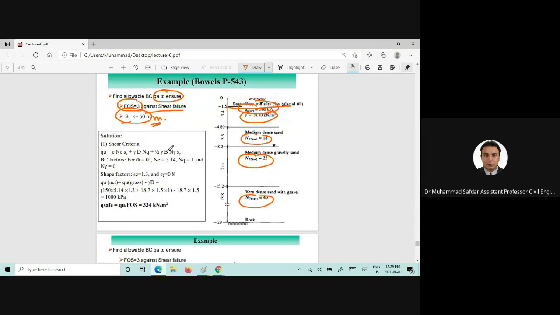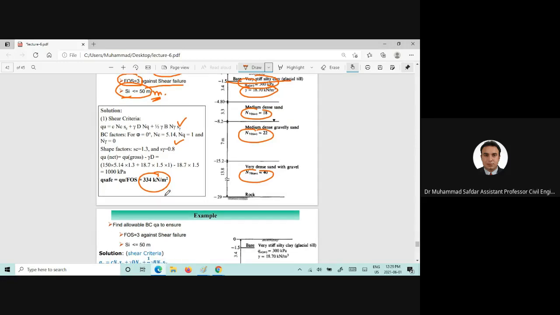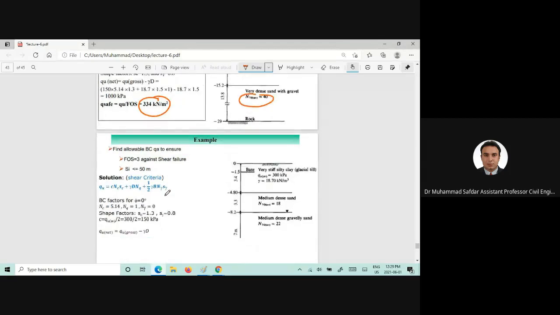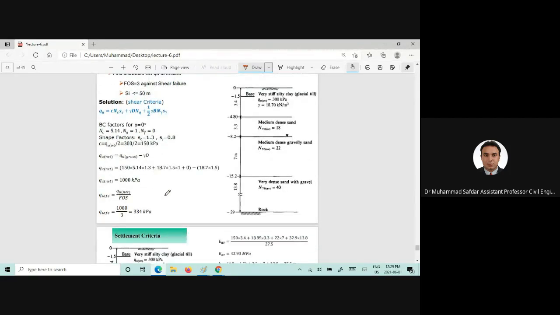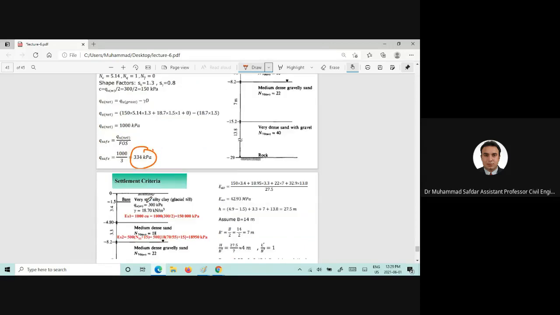Now for the shear failure criteria, we can use Terzaghi's equations and Meyerhof bearing capacity factors. We can easily find the Q safe, which is 334 kilonewton per square meter, 334 kilopascal here.